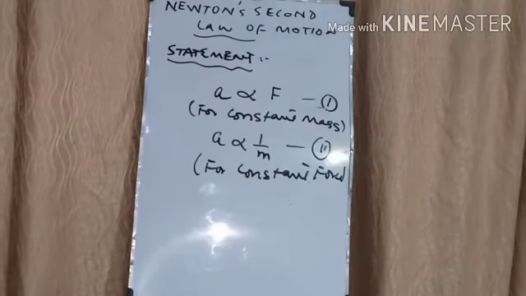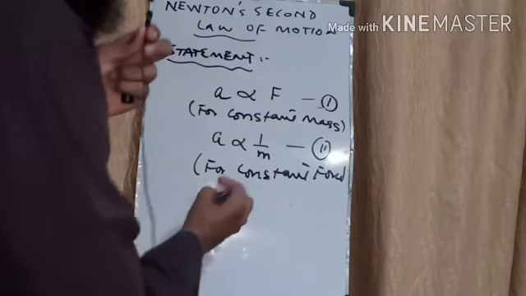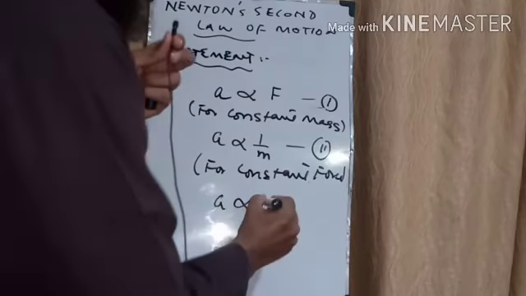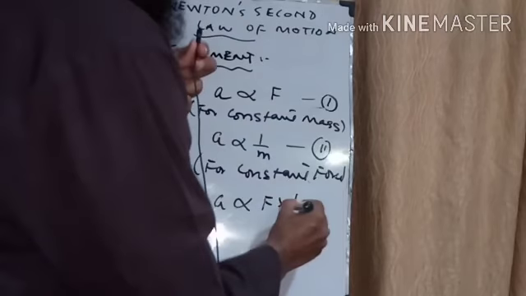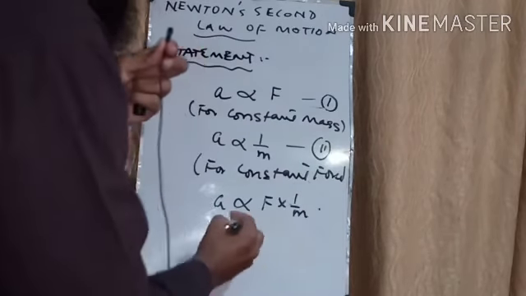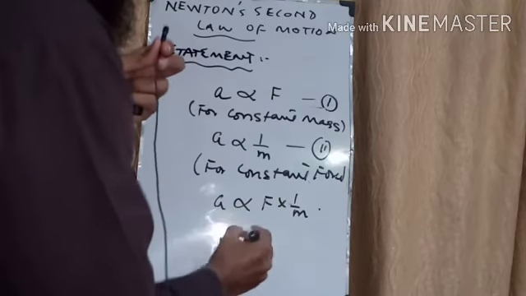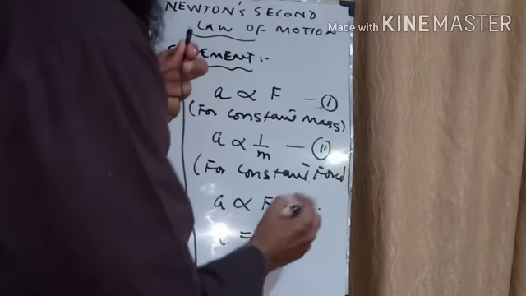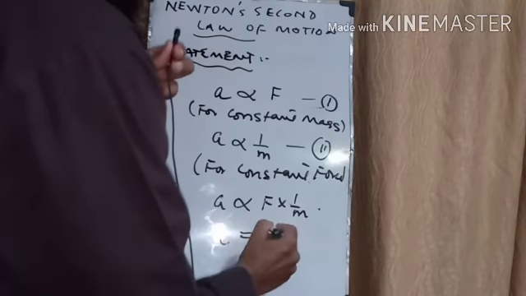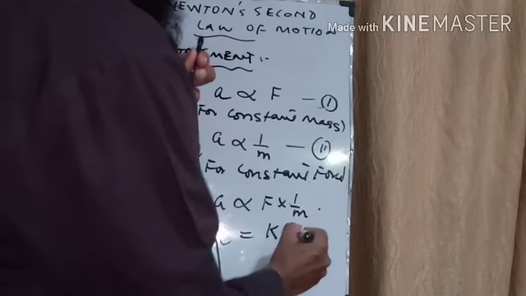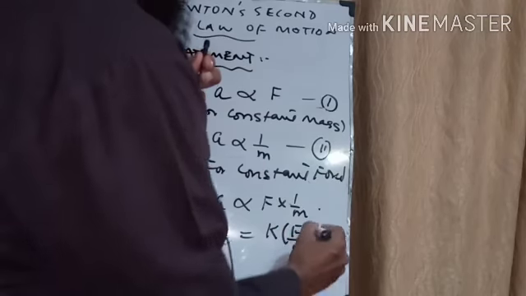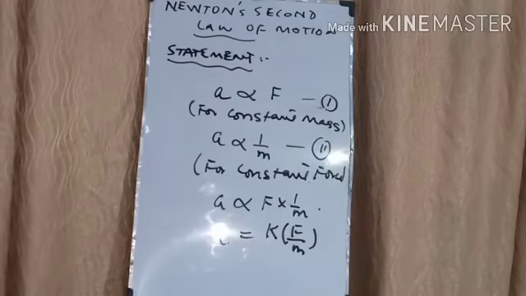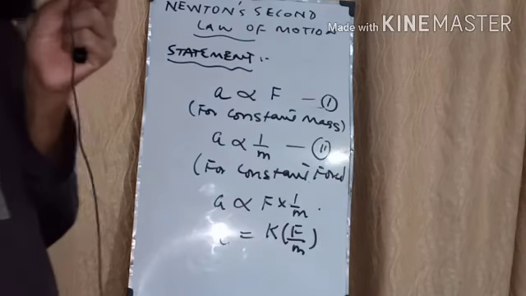Combining both of these relations, we obtain a proportional to F multiplied by 1 upon m. That means a equals K F upon m, where K is called the constant of proportionality.